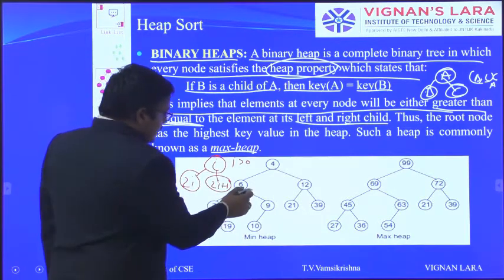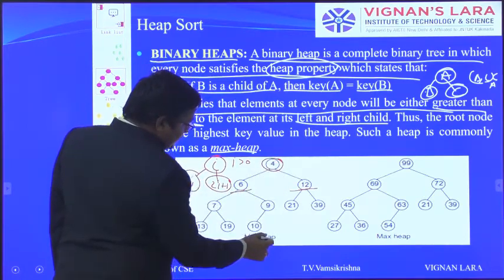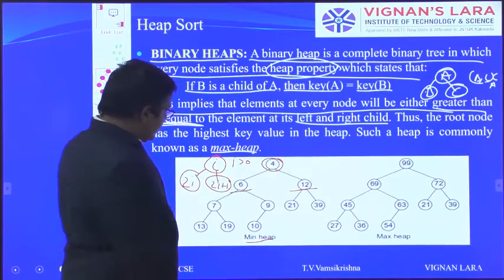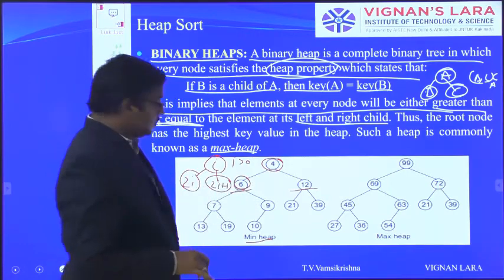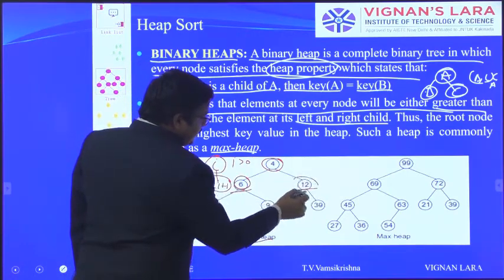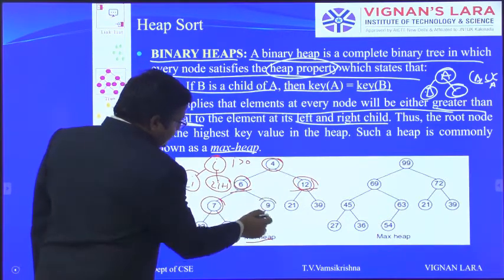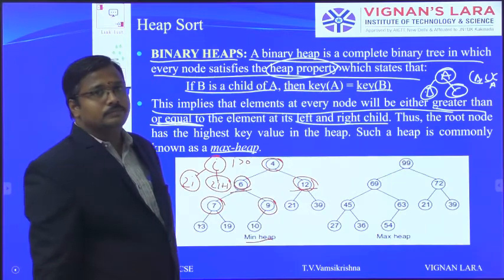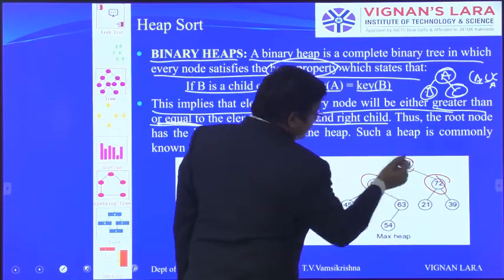Okay, so 6 and 12. Compared with 6 and 12, 4 is minimum. That's why this is called a min heap. Next, 7 and 9. Compared to 7 and 9, 6 is minimum. Compared to 21 and 39, 12 is minimum. Compared to 13 and 19, 7 is minimum. Compared to 10, 9 is minimum. That's why this is called a min heap. Similarly, compared to 69 and 72, 99 is maximum.